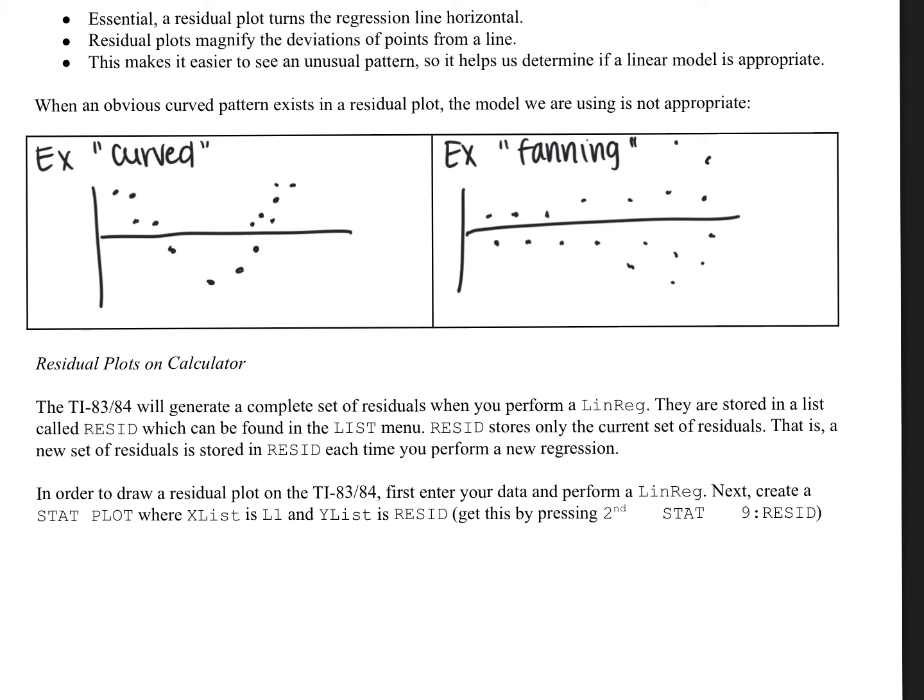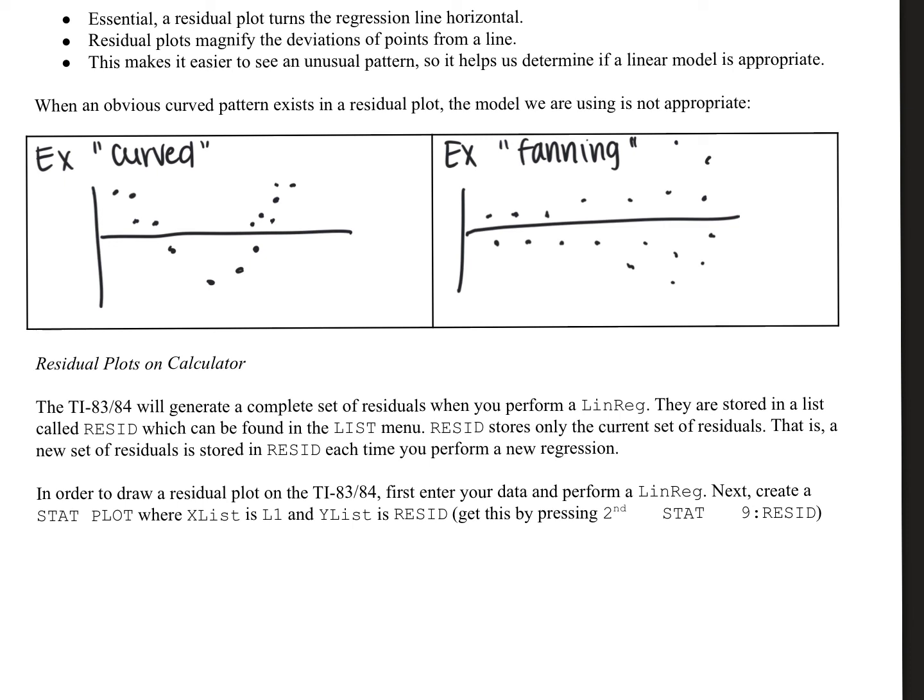Every time you perform a new regression, a new set of residuals is stored. So to get that, you have to enter your data into list 1 and list 2 and actually calculate linreg. And then you have to do something special to get it in the stat plot.